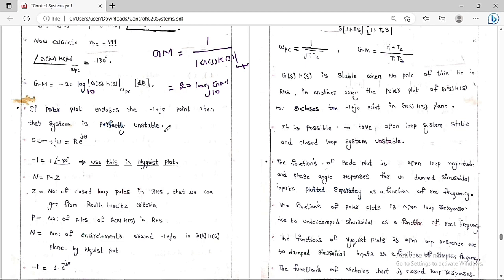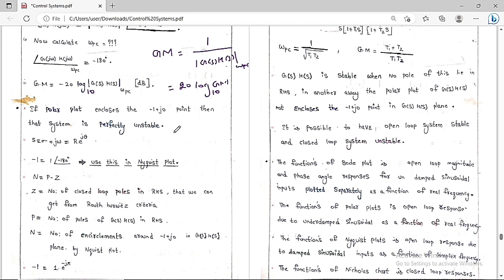If the polar plot crosses minus 1 plus j0, the system is marginally stable. If the polar plot encloses minus 1 plus j0, the system is perfectly unstable. I have already told the shortcut: if you eat something very high, you become unstable in terms of health. Here also, same thing, the shortcut to remember.